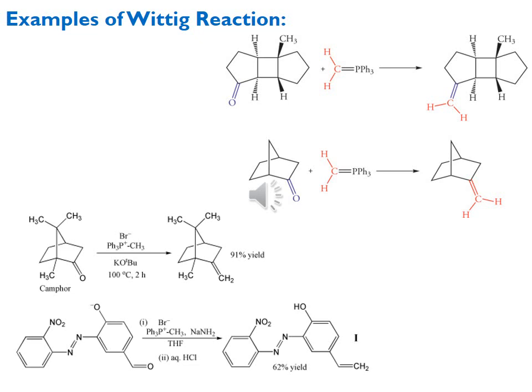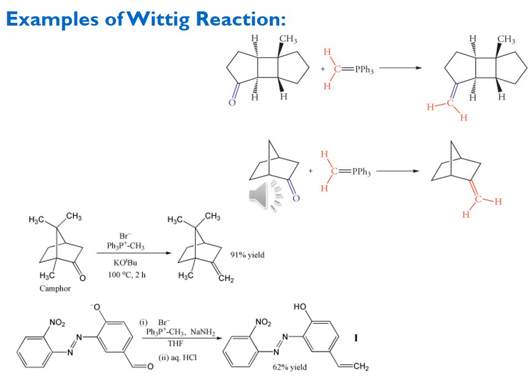The Wittig reaction can be applied to cyclic compounds also. You can see here a cyclic ketone, which on reaction with the ylide is converted into a cyclic alkene. In the second example, there is camphor, which is also converted into the corresponding alkene with 91% yield.